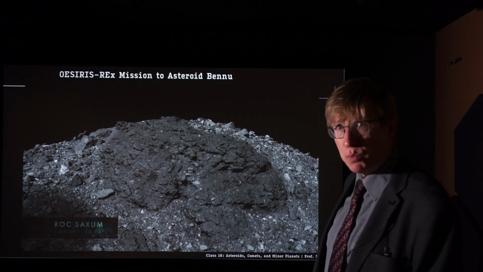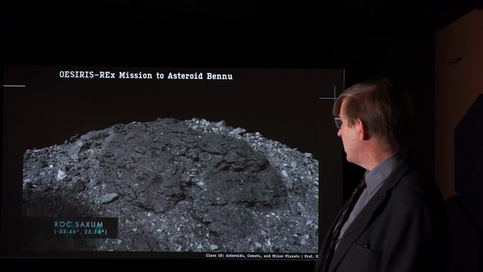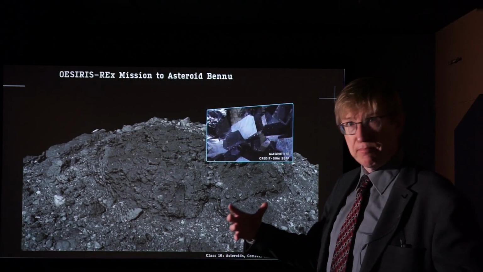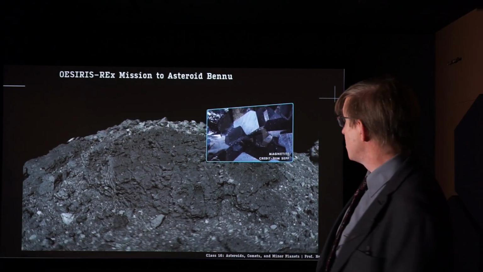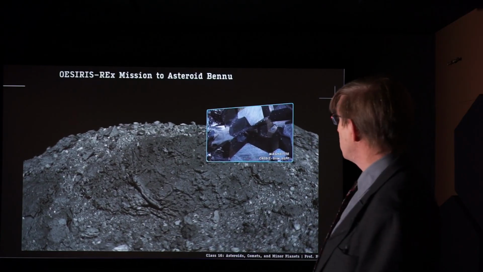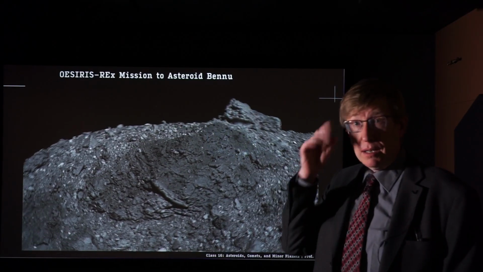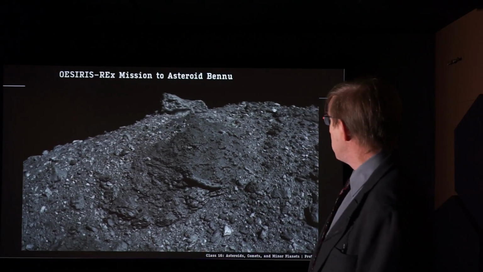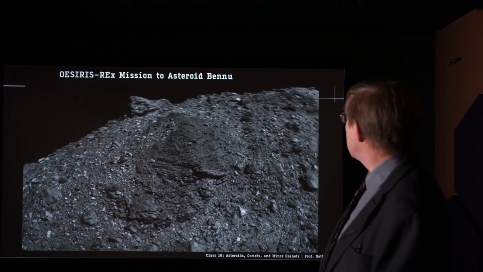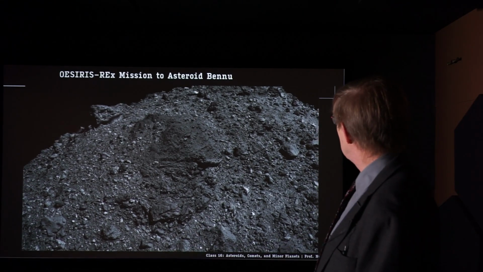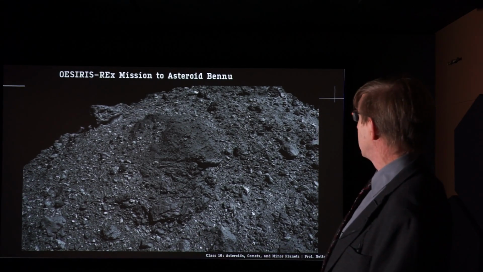Not just one rock, not the sort of thing we saw with Eros, which just kind of looked like one big molten rock. This looks like lots of rocks. This one here happens to be made of magnetite, which is a material that you can use for magnets. It's got iron content in it. Again, how did you figure that out? Well, with spectroscopy, right?